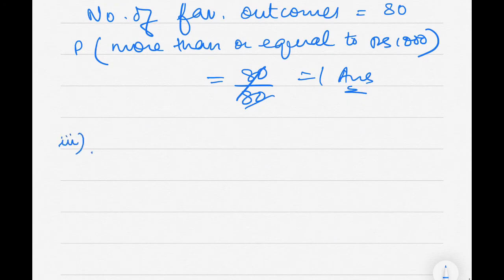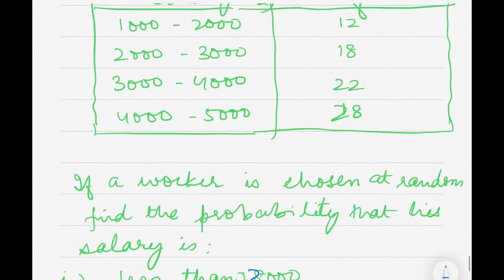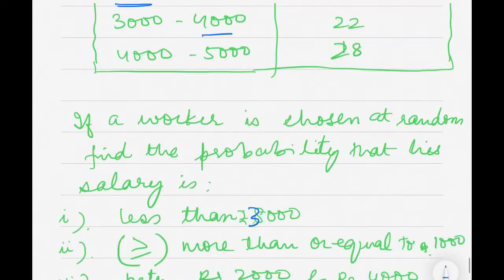The third part says between rupees 2,000 and 4,000. So I'll start from my table from this part, 2,000 to 4,000. I'll add these two, 18 and 22, because both are getting.